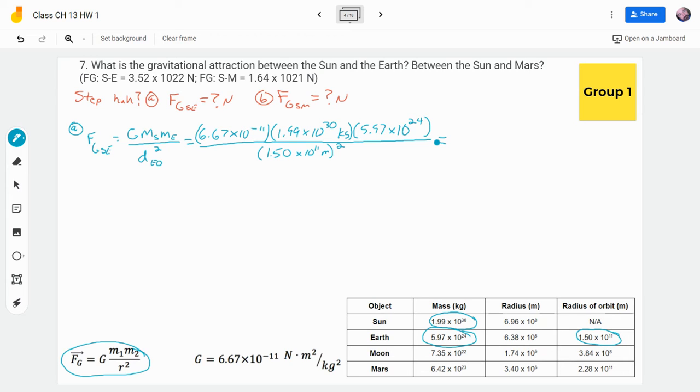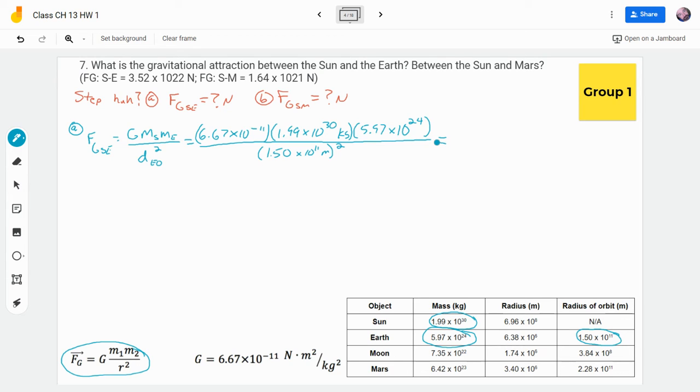So for me, it's just 6.67 EE minus 11 times 1.99 EE 30 times 5.97 EE 24. So that's my whole numerator. You can hit enter now or not, it doesn't matter. And then we divide this by 1.50 EE 11, and don't forget that number gets squared, so use the x squared button.